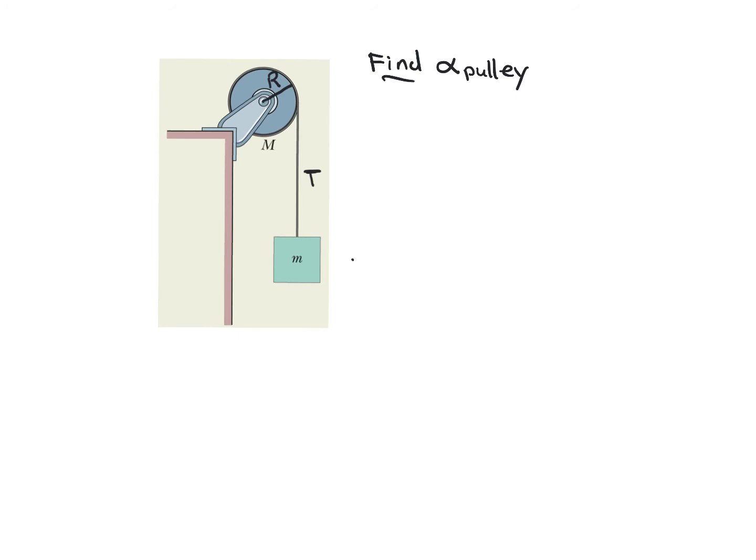That's the goal here. To apply Newton's second law to the block, I'm going to draw a free body diagram for the block. There's an upward tension force on the block of magnitude T and a downward gravitational force on the block, mg. Applying Newton's second law to the mass m, what's that going to tell us?